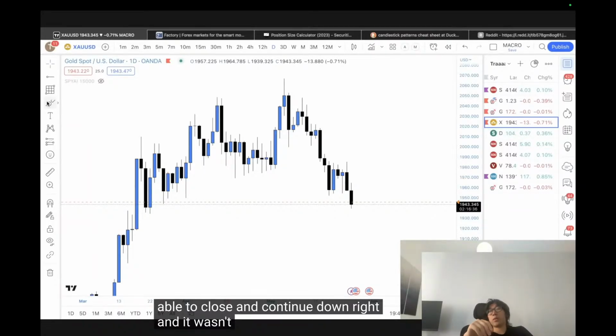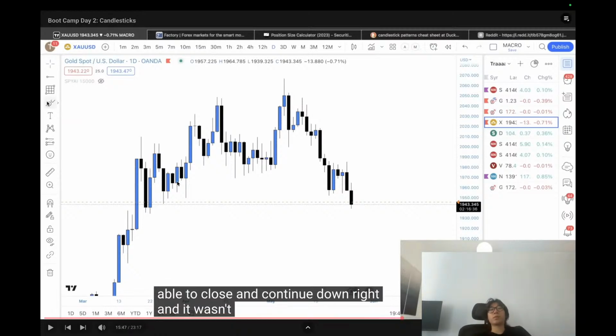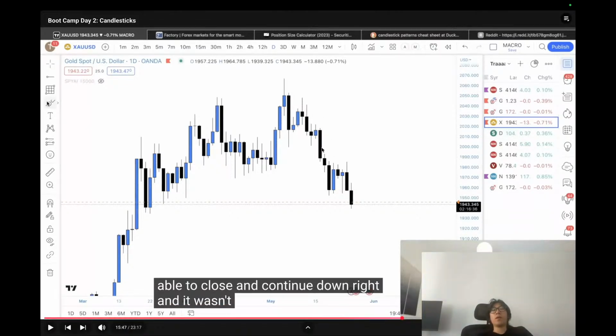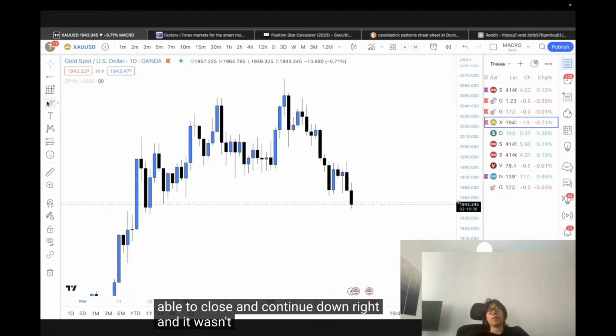The closing point is close to the ending point, which means we'll keep going downside. If the bearish wick is longer compared to the main body of the candle, it would be better, less bearish.